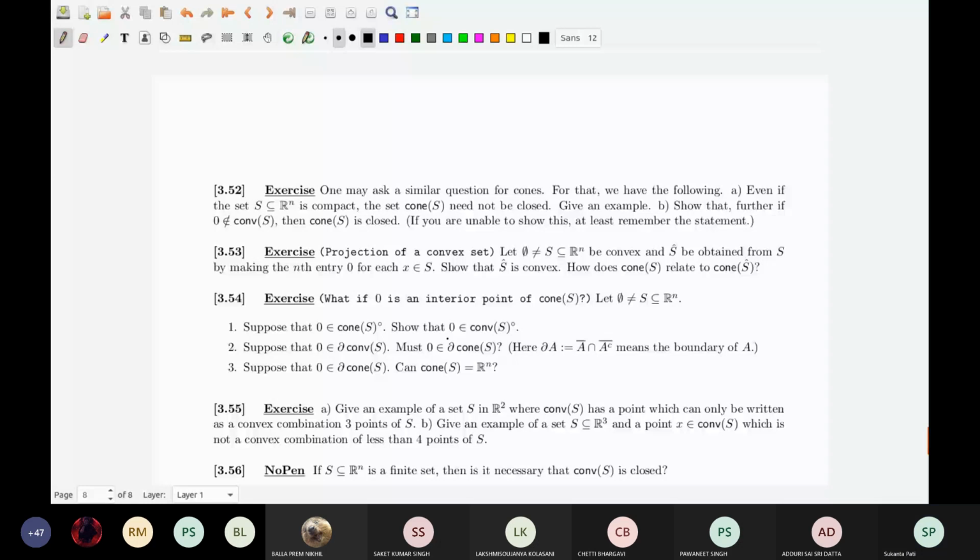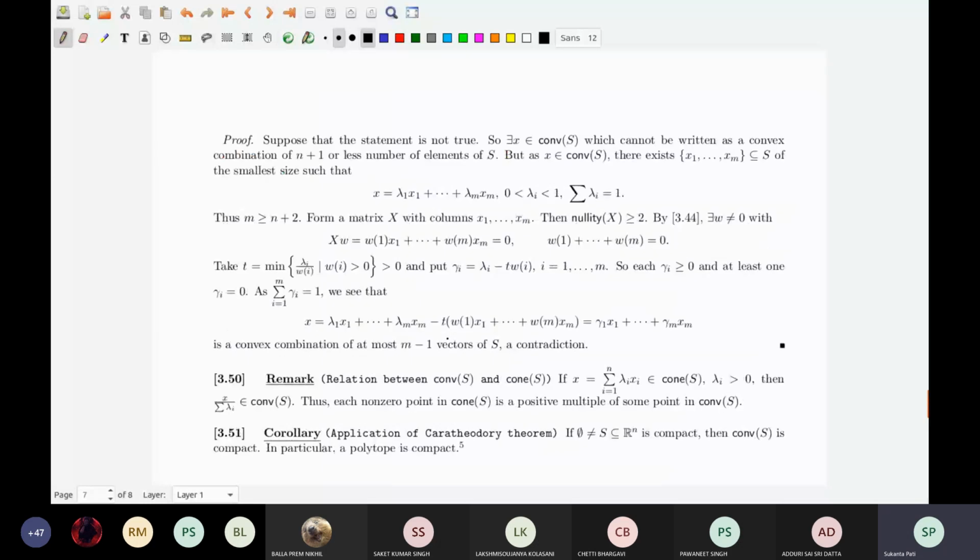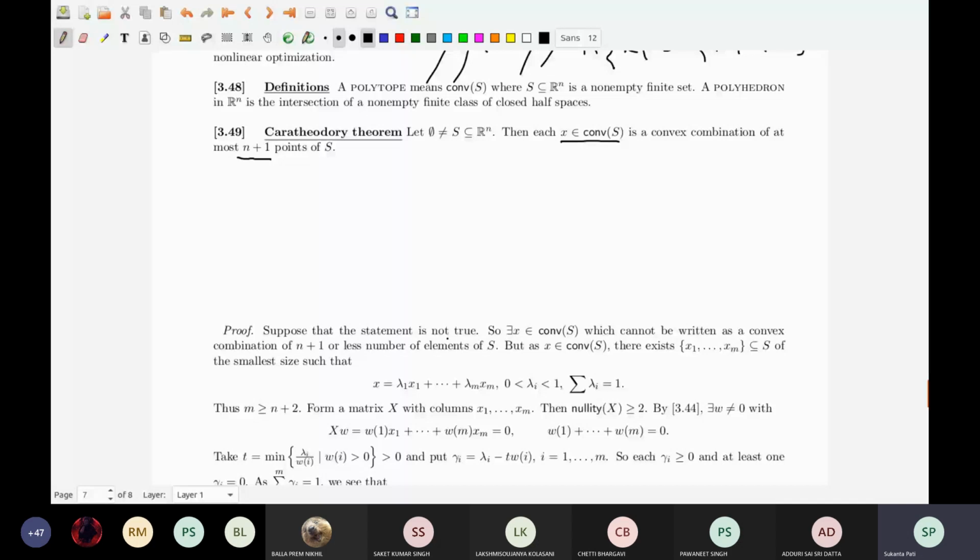Now, the proof is by induction. You will see many examples where induction is so helpful. Okay, by contradiction and induction. So suppose that we have a set S. We have the convex hull of S, and suppose that this statement is not true.